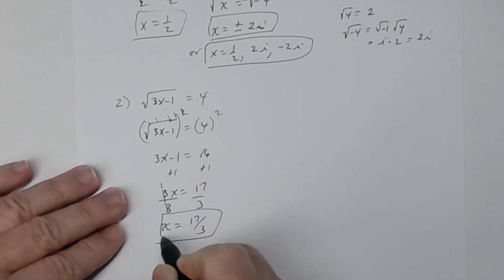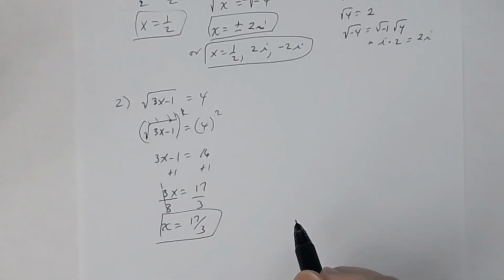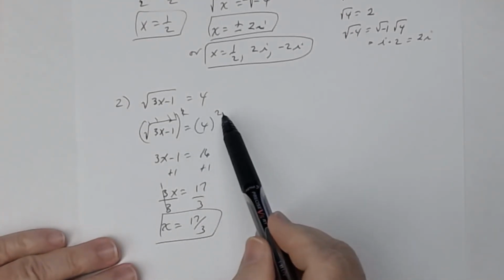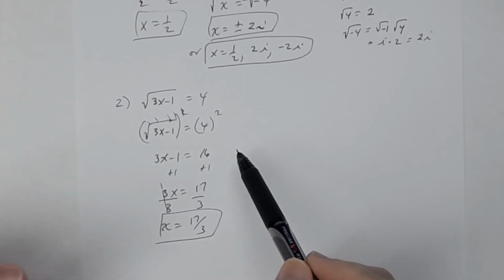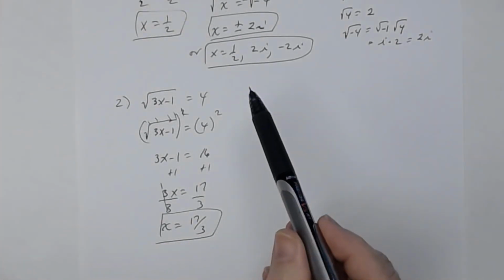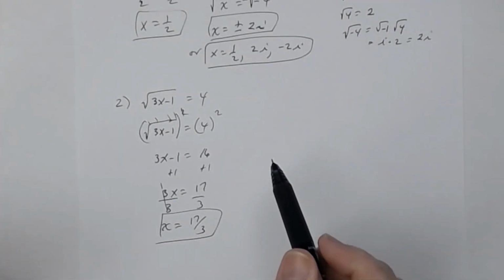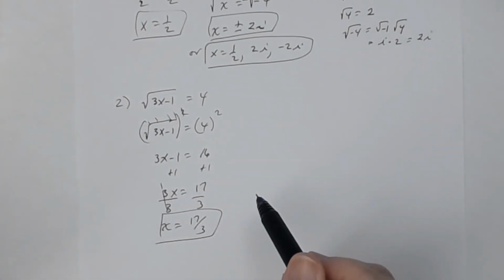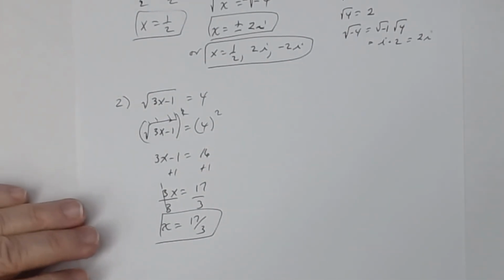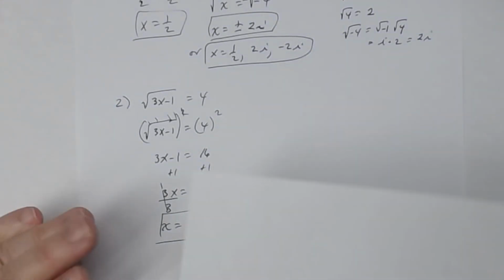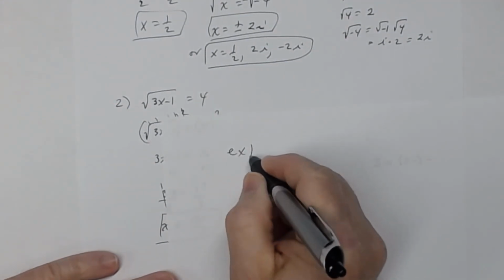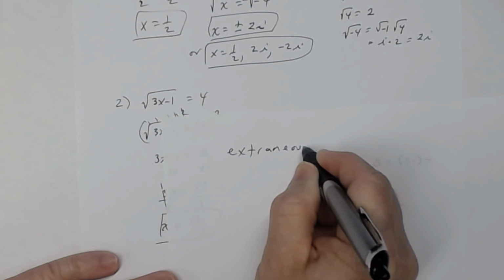So there's your solution. Now, remember, whenever you raise both sides to an even power, there are times when you may introduce extraneous solutions. So I'm using the word extraneous. There are times when you're going to introduce extraneous solutions.